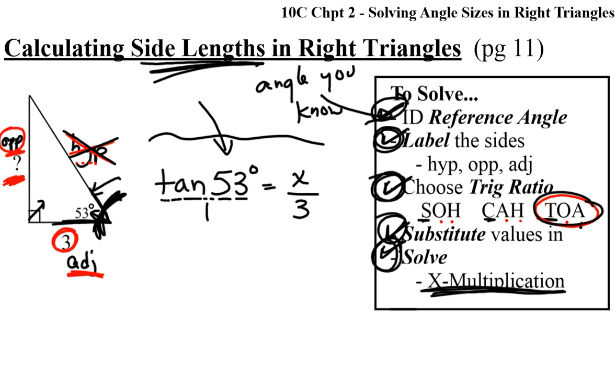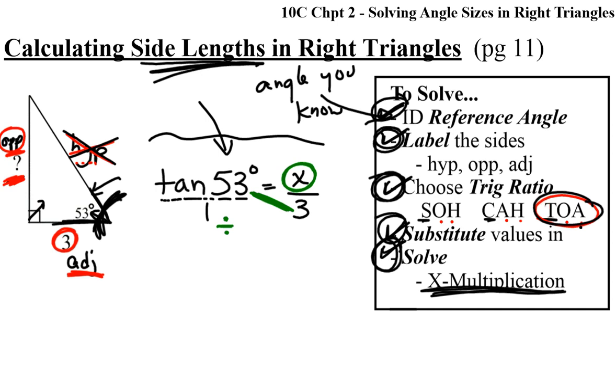As a review, we're going to multiply the two pieces of information we know for sure. We have tan 53 and we have 3. And we always finish by dividing by the extra piece because this is what we're trying to find. Cross multiply what you know, divide by the third piece to find that last piece.